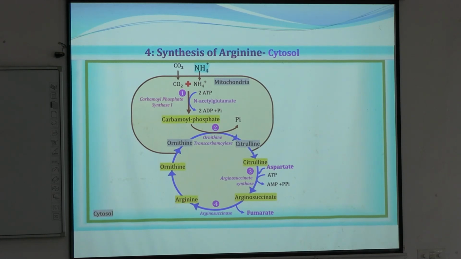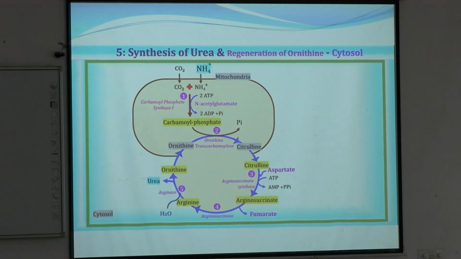So fumarate is released here, and the cycle goes on with arginine. This step is very easy: arginosuccinase or arginosuccinate lyase. Then with arginine, by the enzyme arginase, urea will be released and arginine will get converted into ornithine.